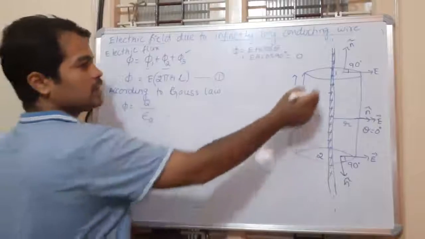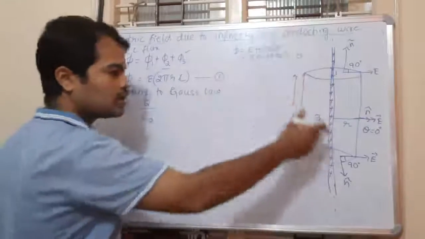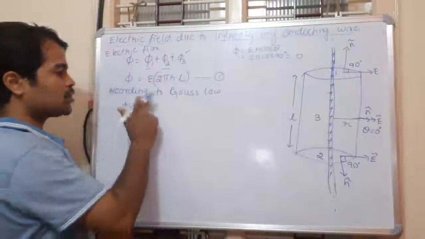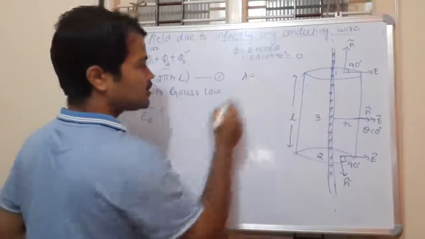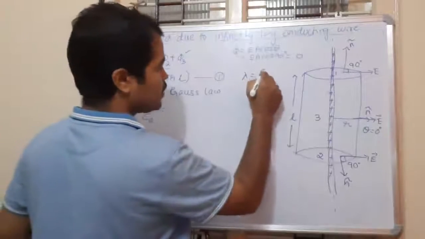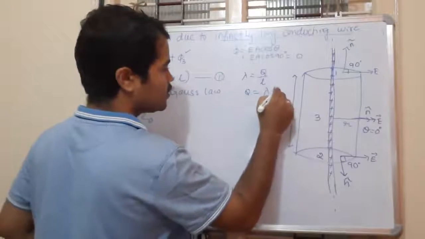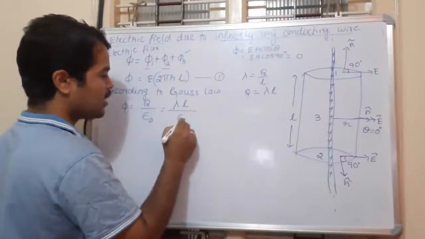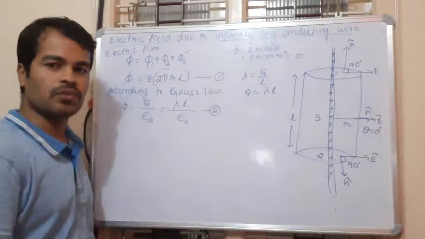Now here we cannot identify what exactly the charge is. So this is a continuous conductor and it is a linear charge distribution. So Q I am going to replace using linear charge density lambda equal to charge per unit length, then Q equal to lambda into L. So I will write this as lambda into L divided by epsilon naught. This is equation number 2.